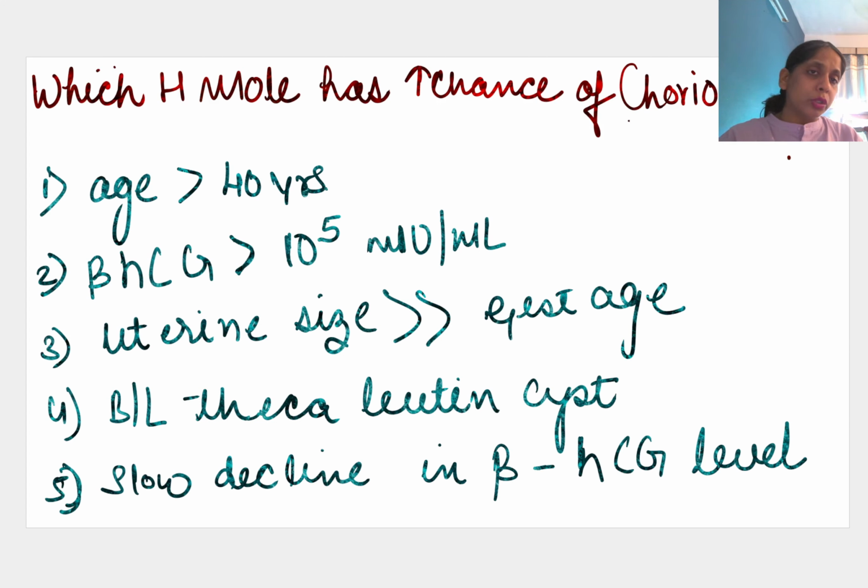So they ask you in a different form, what is the treatment of bilateral theca lutein cyst? The treatment is not cystectomy or oophorectomy. The treatment is to remove the molar pregnancy, because the etiology of these cysts is molar pregnancy. Remove the molar pregnancy, HCG will go down, and these cysts will resolve.